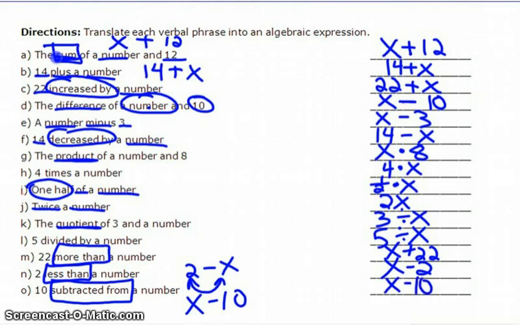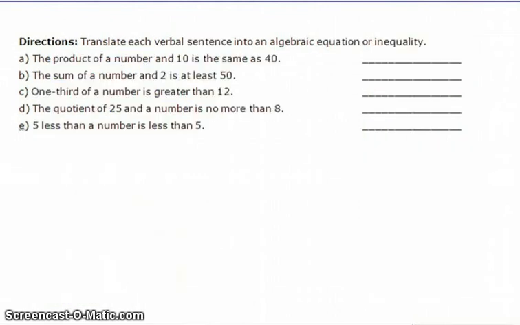Now, here we've got mathematical sentences. We can see that it's a sentence because we've got a period after it. Usually with those, you will have an equal sign or an inequality sign. So if I look at A, it says the product of a number and 10 is the same as 40.